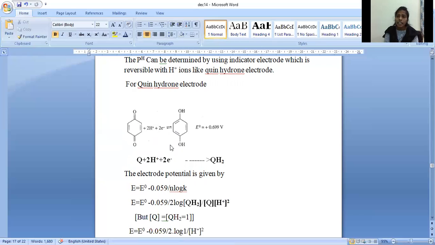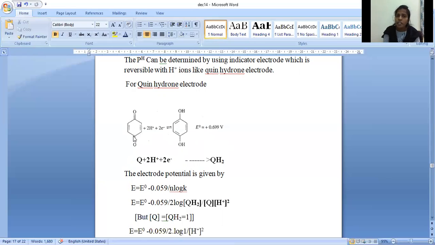So this is the reaction for the quinhydron electrode. The quinhydron is the noble electrode, that is a reference electrode. So we know the E naught value, 0.699 volts, for the quinhydron electrode.